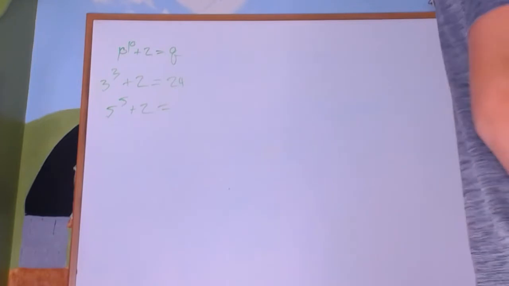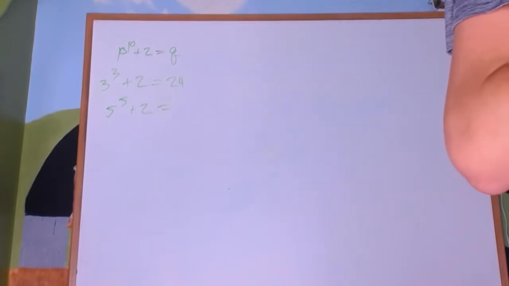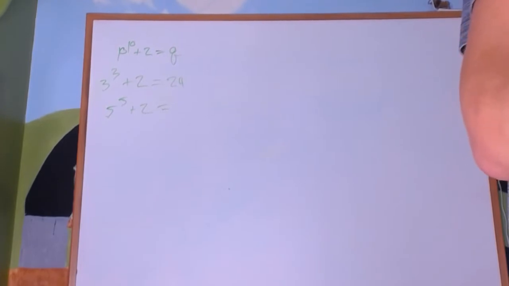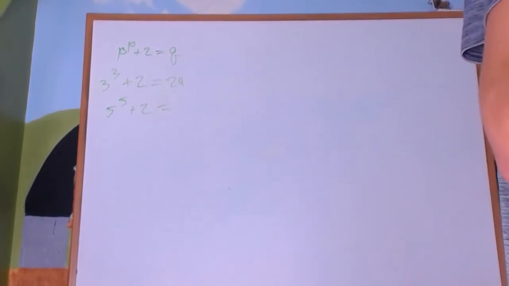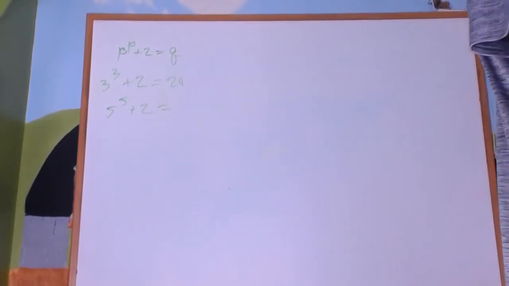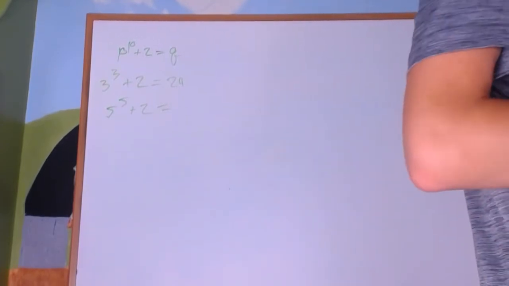Wow, thank you. 11 to the 11 plus 2. It's this number. There we go. Prime factors of huge number. It is not a prime, it is a composite number.